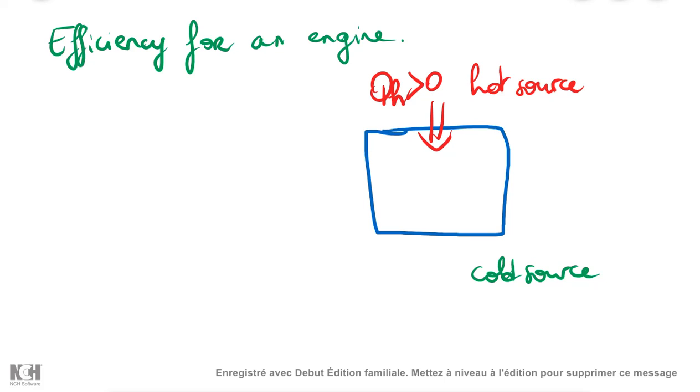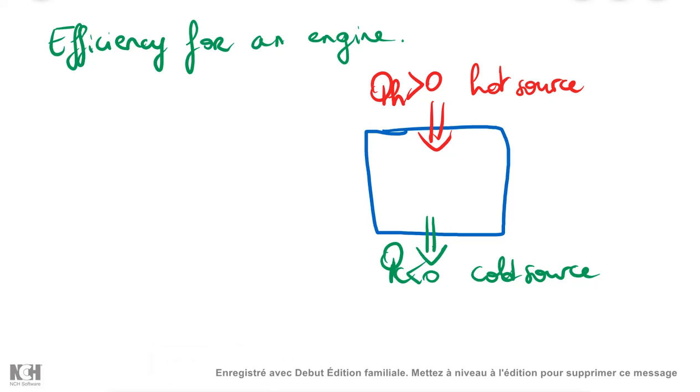And once you provide QH, then the whole mechanism is going to be created, and this is going to be a consequence of that QC, so the heat cold, on the other side, that is in contact with the cold source. So here the heat is going to get outside of my system, so it's negative.